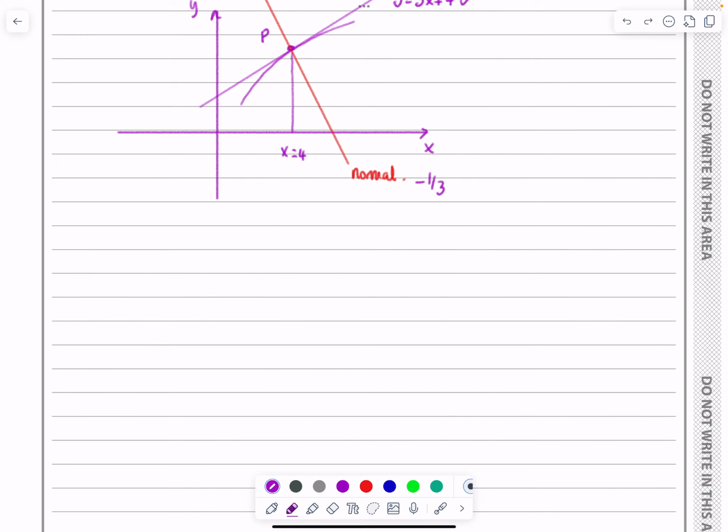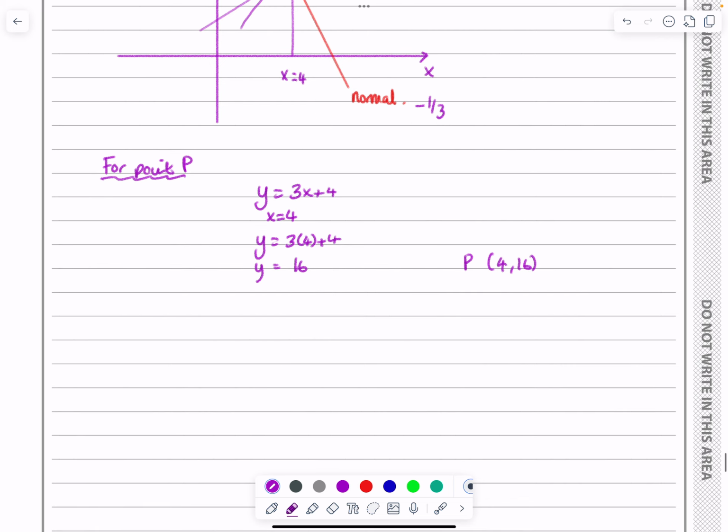So what I'm going to say to the examiner is, for point P, we have y equals 3x plus 4, and we know that x is equal to 4. So y is going to be 3 lots of 4 plus 4, which is 16. y is equal to 16 here, so I know P is the point (4, 16).